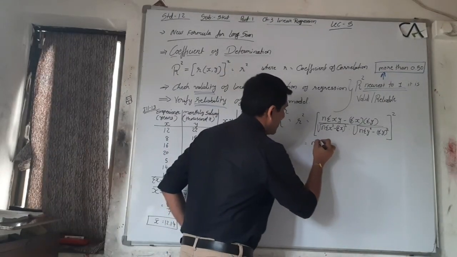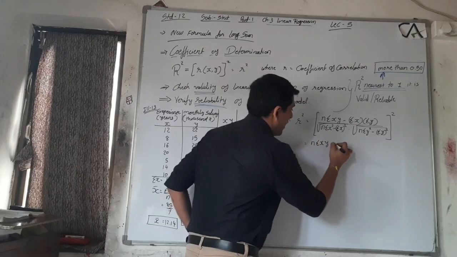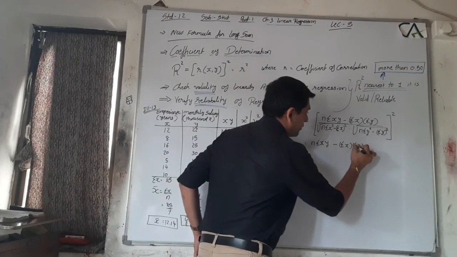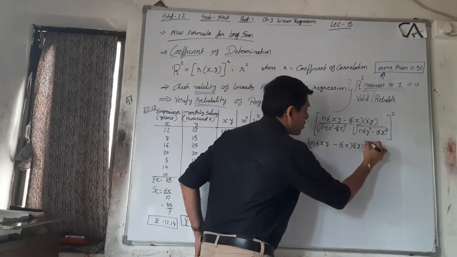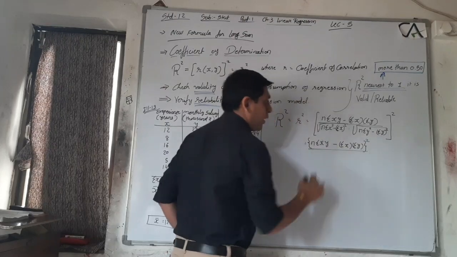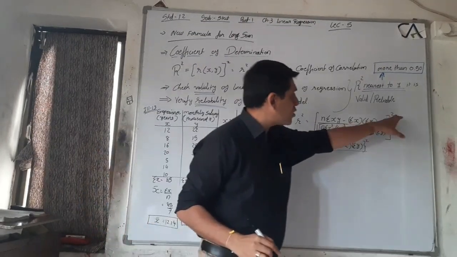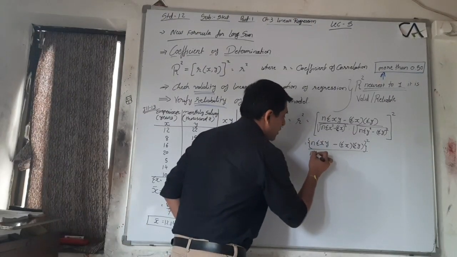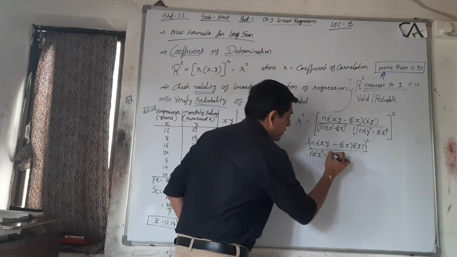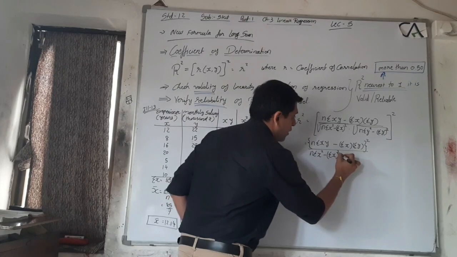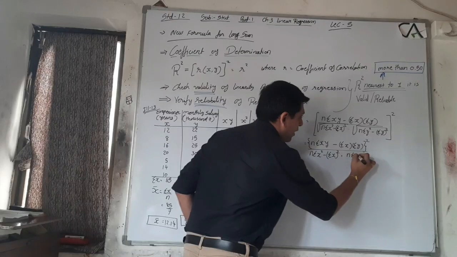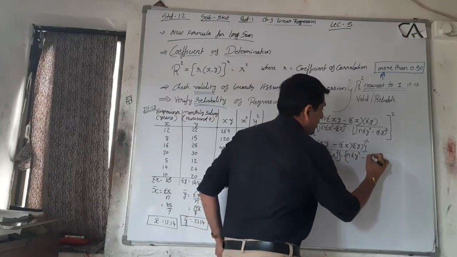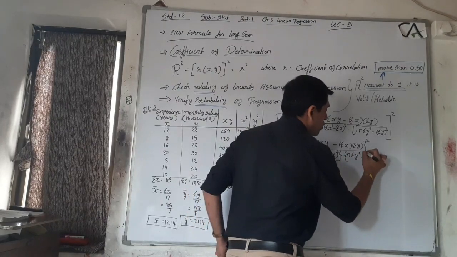How will I simplify this formula? N sigma xy minus sigma x sigma y, just numerator square, and square root and square is cancelled. So here we can write n sigma x square minus sigma x whole square into n sigma y square minus sigma y whole square.